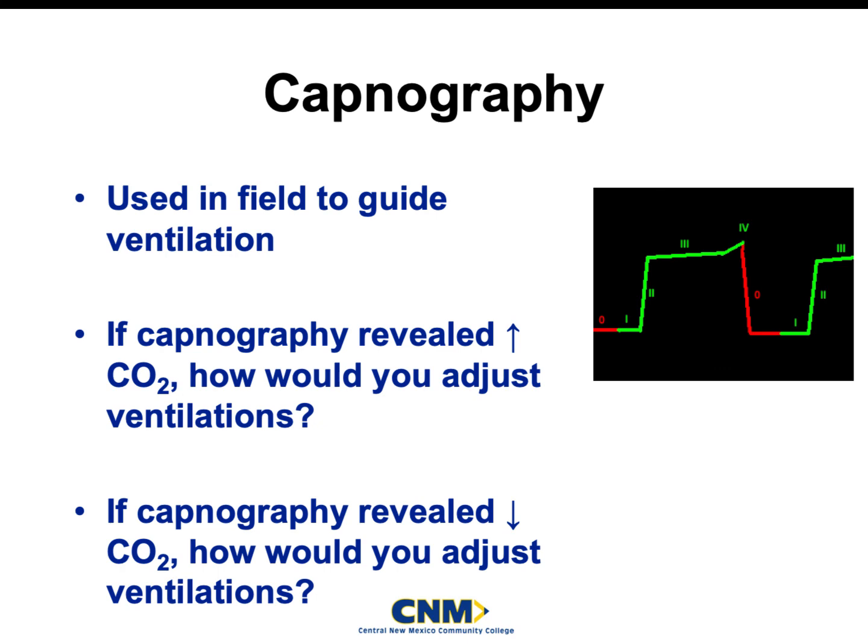Well, hopefully you guys said that if your CO2 is rising, you should breathe a little faster for your patient when you're bagging for your patient. Okay, that way we could try to equalize the CO2. If your CO2 is low, okay, we need to slow down our respiratory rate in order to help the body retain some of the CO2, because we may be blowing it off too quick based on that unresponsive patient that we happen to be bagging with the BVM.